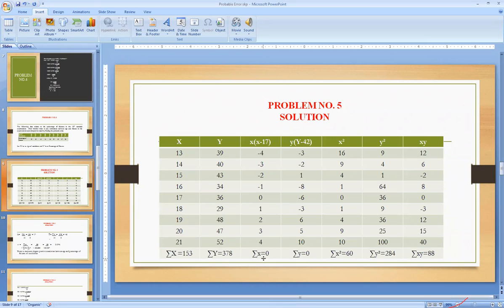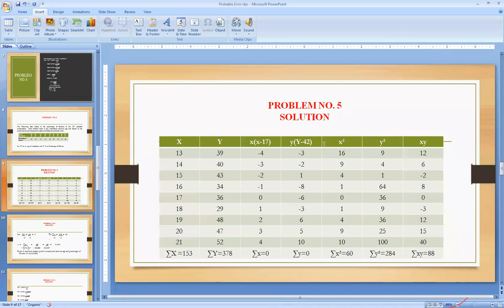Be careful. In case of an assumed mean, specifically we mention dx and dy, but we do not mention them in the case of the actual mean. But the values are what? The deviation values only are substituted in the formula, whether it is the actual or assumed mean. Similarly, for the calculation of the deviation of y, we need to do the same.